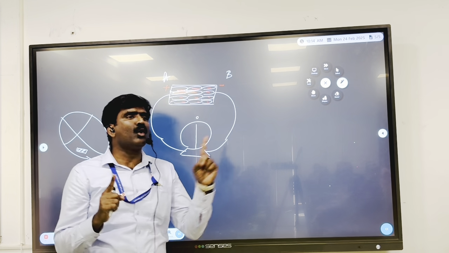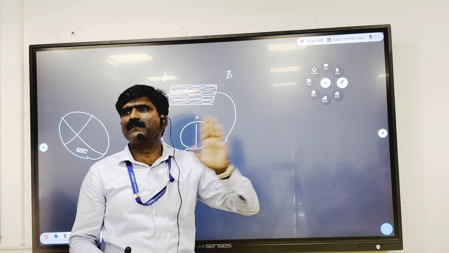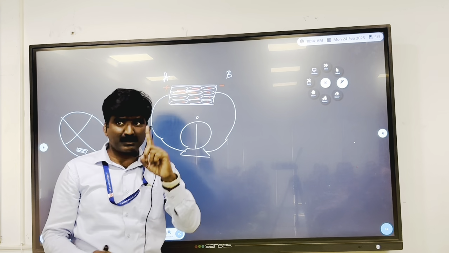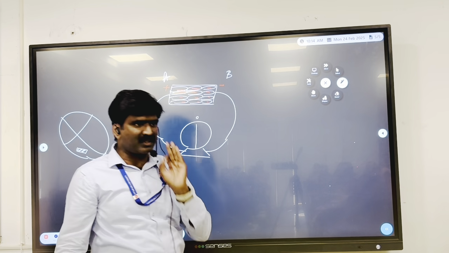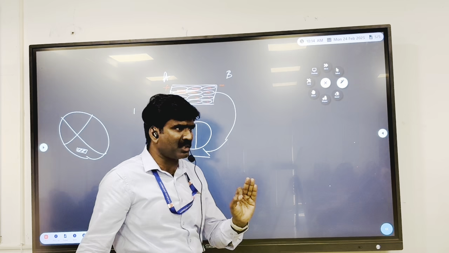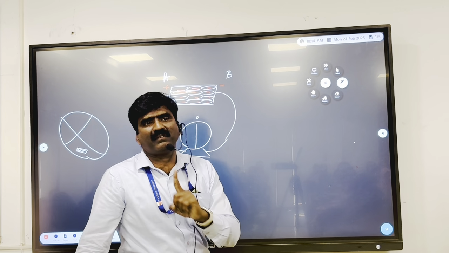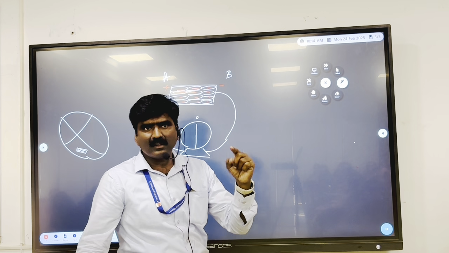There will be no deflection in the needle because no current is flowing in the myocardial cell. This is the first principle. Whenever the cell is resting, having resting membrane potential, the needle will not show any deflection. This is the first principle, right?